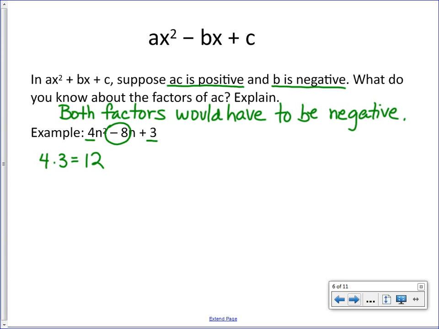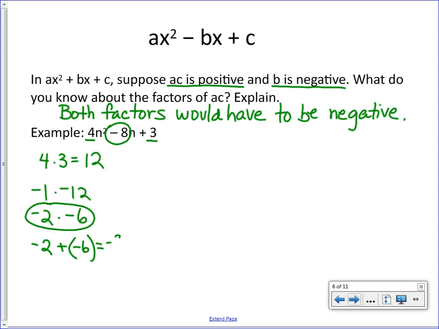So factors of 12, it could be negative 1 times negative 12, or negative 2 times negative 6. And we can stop right there, because we know that negative 2 times negative 6 is positive 12, and negative 2 plus negative 6 is equal to negative 8. And that's exactly what we want in the middle.